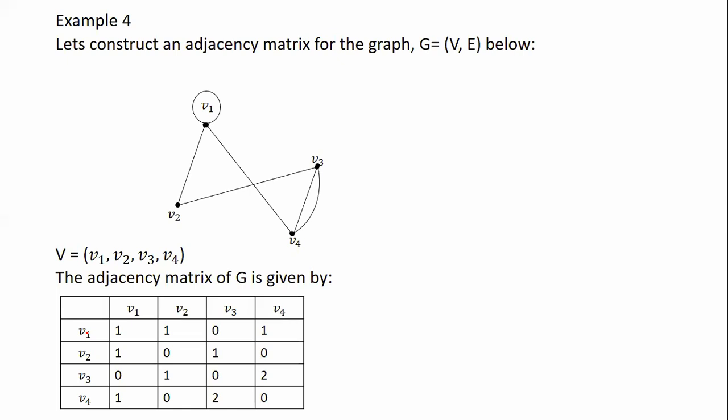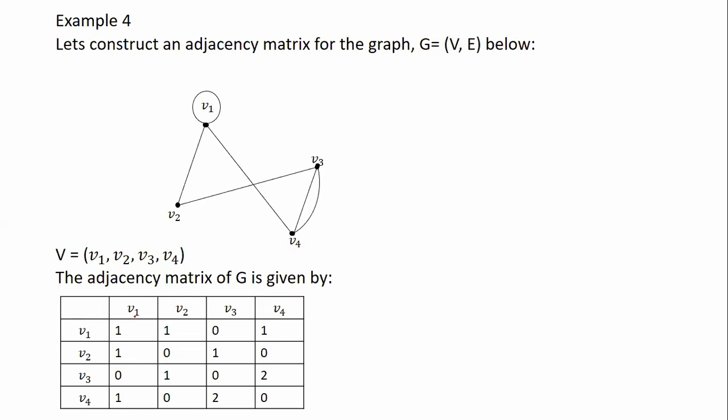Yes, please, sir. Okay. So we have the vertices V1 to V4 on the first row, and the same vertices on the first column, because it's an adjacency matrix and we deal with the vertices. Now in the second cell, V1 and V1: is there any edge that connects V1 to V1? If yes, how many?